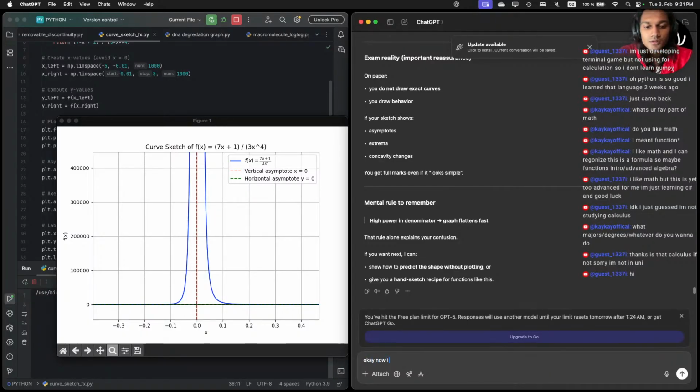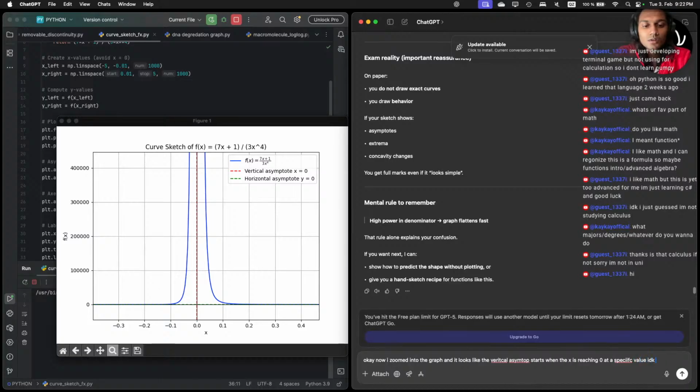Now I graph and it looks like the vertical asymptote starts when the x is reaching 0 at a specific value.